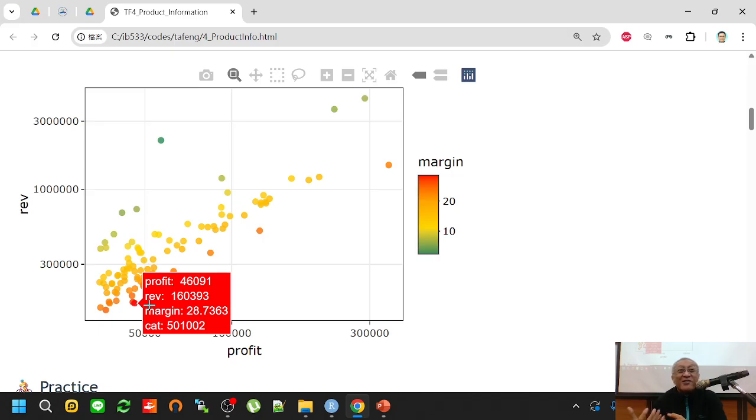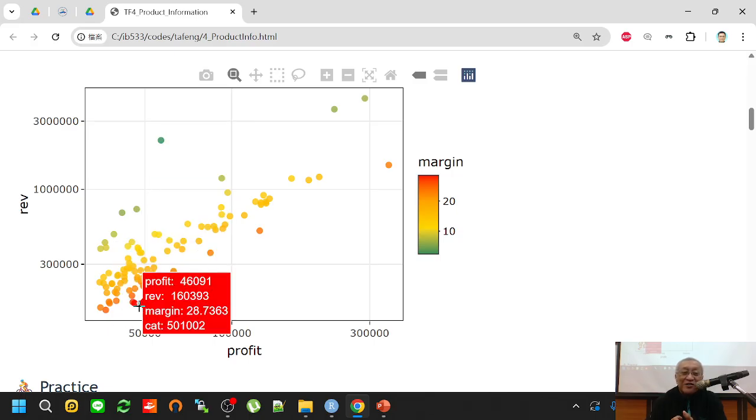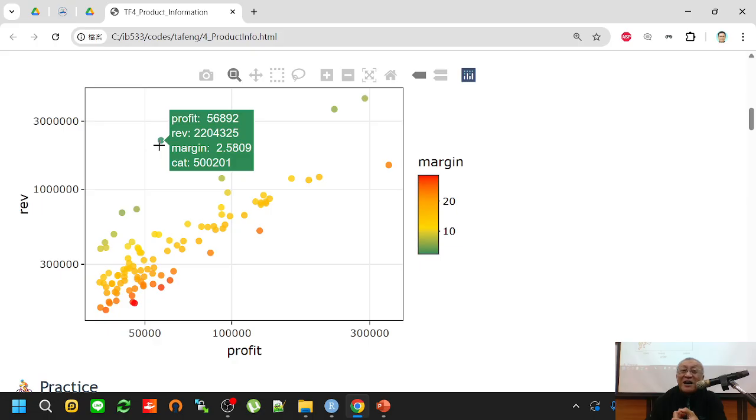You get the point, right? Some products have a low margin, but you sell a large amount, right? The revenue is very high, so although their margin is low, they are actually more profitable than this one, right? Isn't it? Because its revenue is very low. And this one, although its margin is low, its revenue is high.